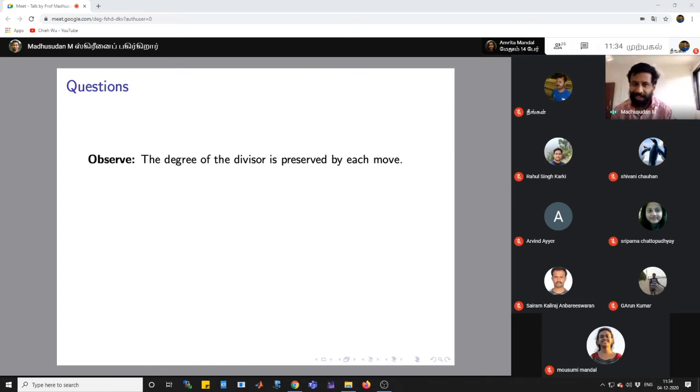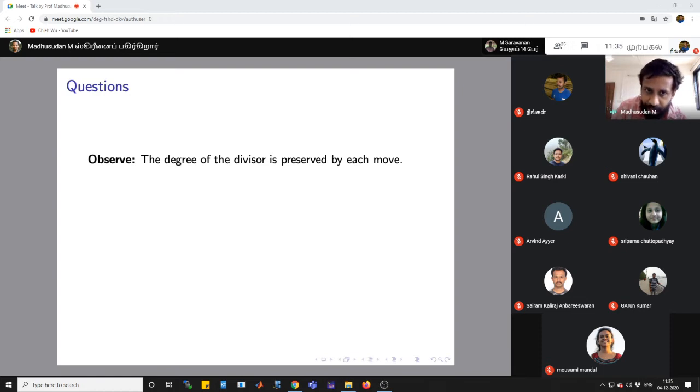But before that, a first observation is that you're looking at invariants of these moves, and one basic invariant is the degree of the divisor, right? So the degree of a divisor is preserved by each move in the chip firing game. Throughout this chip firing process, the degree does not change. So this is the basic observation to start off.